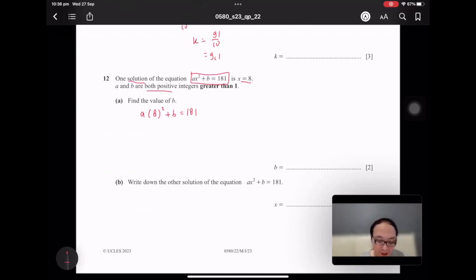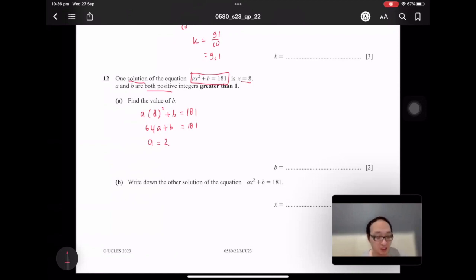And if we see from here, this is 64A plus B equals 181. Since A and B are positive integers, that means the value of A should be 2.